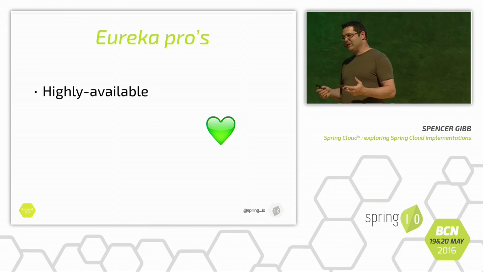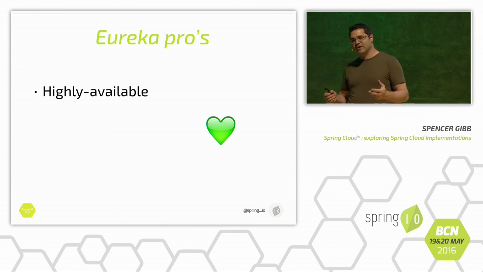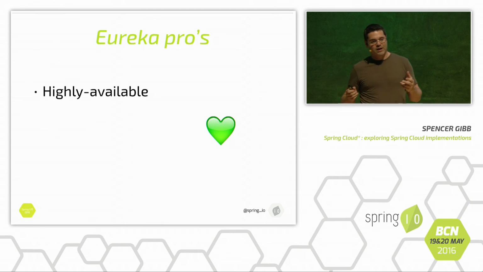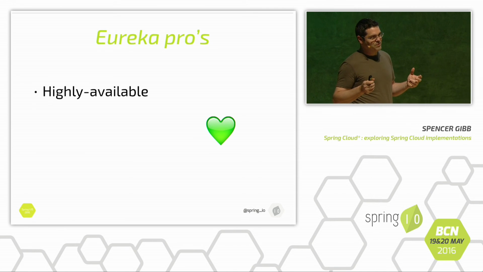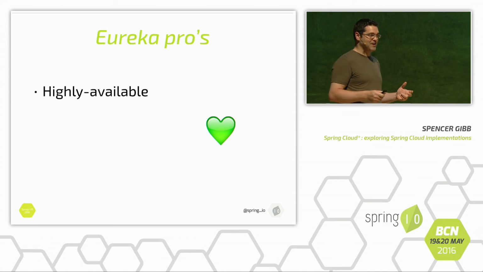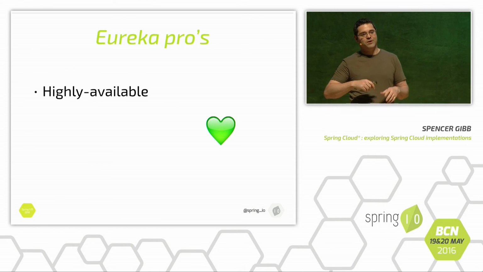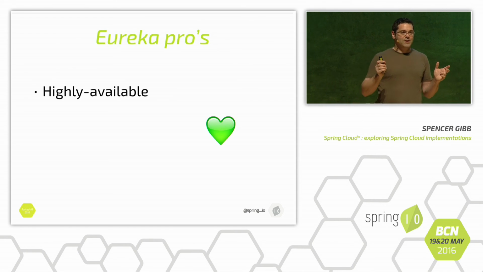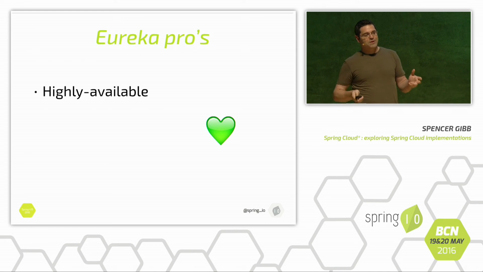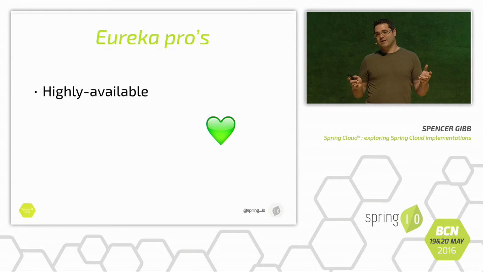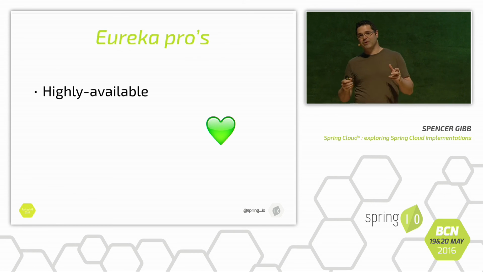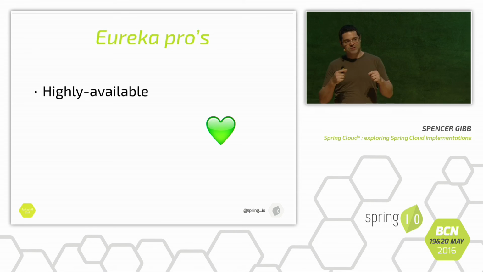So they built it to be highly available. Eureka Server will try at all costs to give you data. And it will go through many hoops, it will jump over hurdles, it will cry, but it will still try and serve you data. Even if that data is old, it can get into this panic mode, where it stops receiving heartbeats.